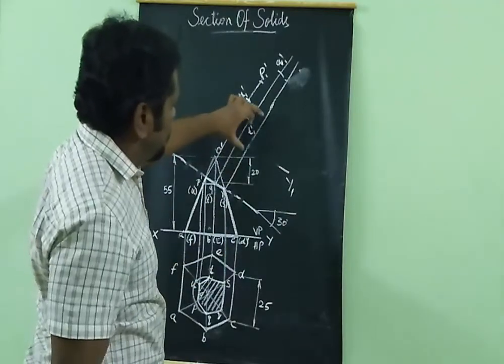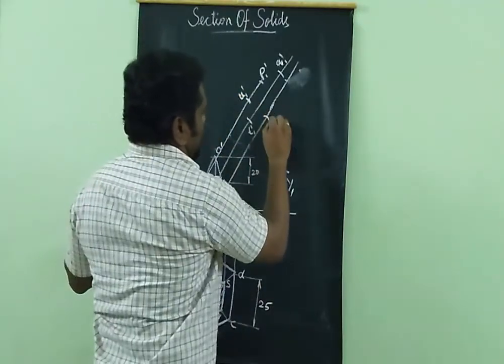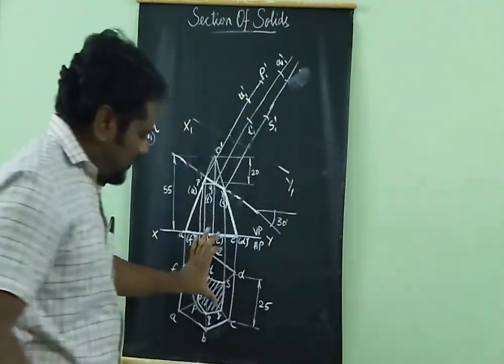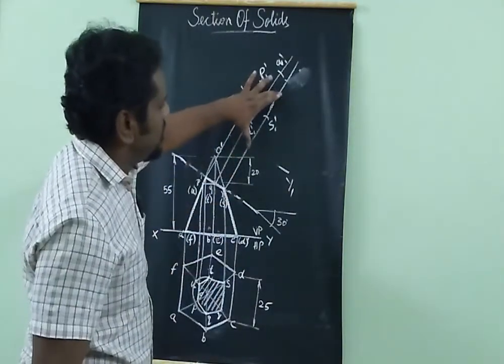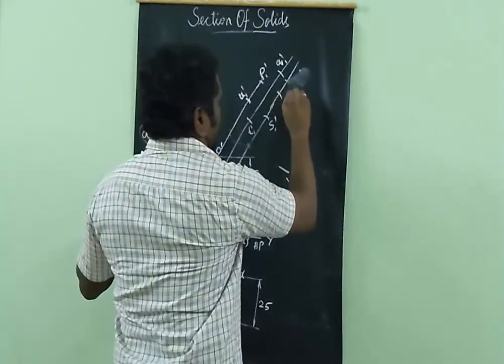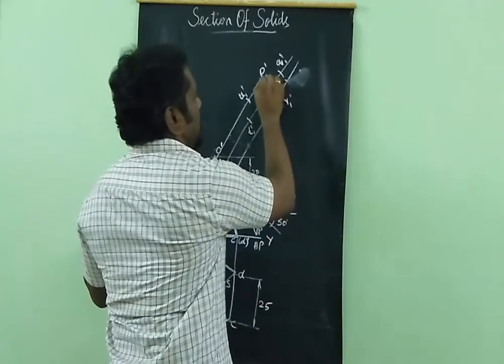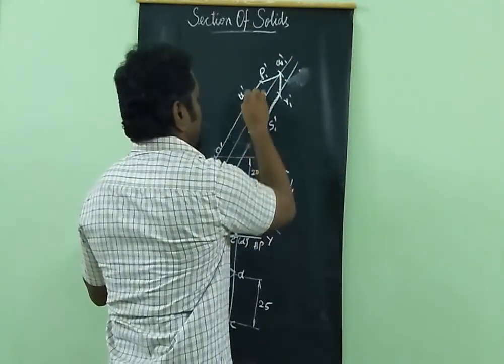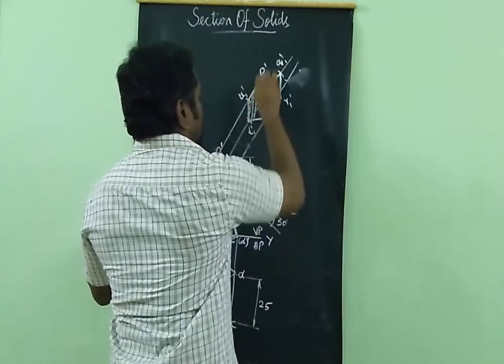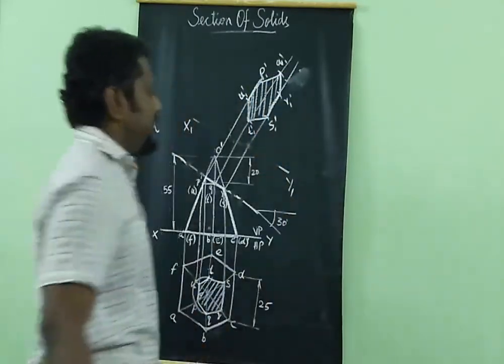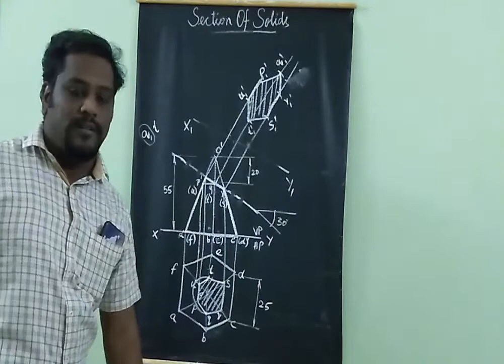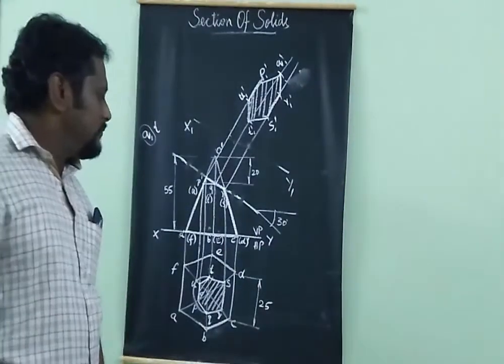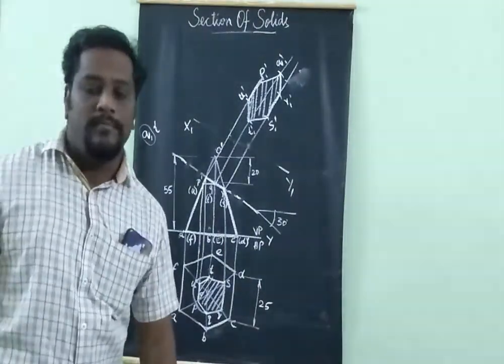Measure the point S. This is your S1 dash. Similarly, point R1 dash will be here. Now connect PQ, QR, RS, ST, TU. You will get the final true shape like this. Okay, that's all. Thank you. Okay, go to the next problem.